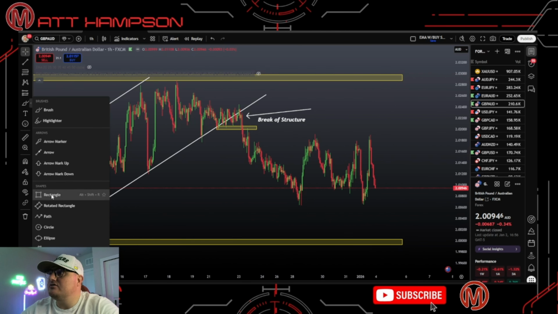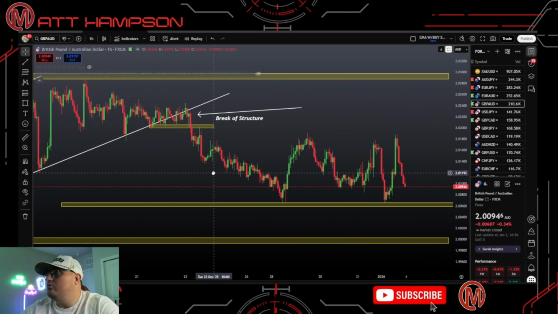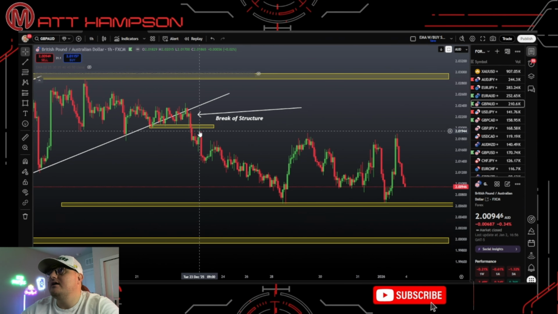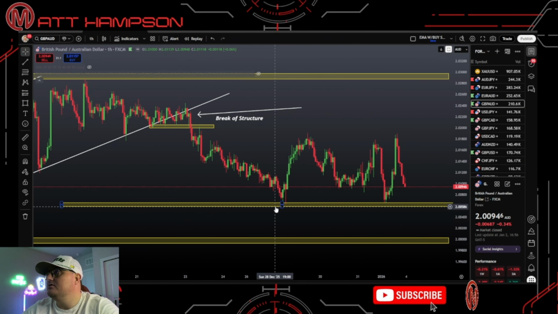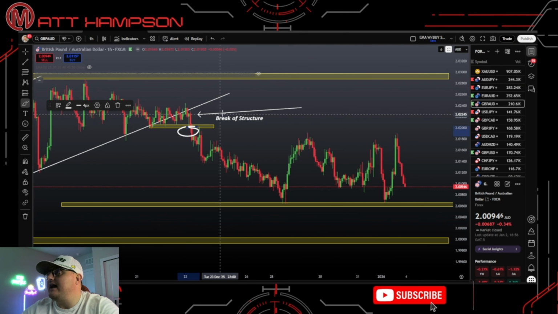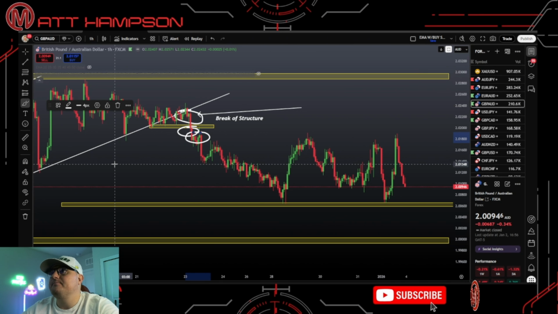We have another zone right here. We broke and retested this zone and now are looking to see where is the next zone. Well, our next support is right down here. So any entry, realistically, any entry in this area at the break of structure point is a good entry.